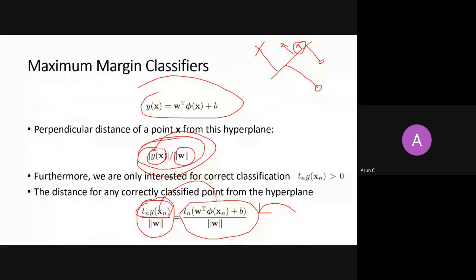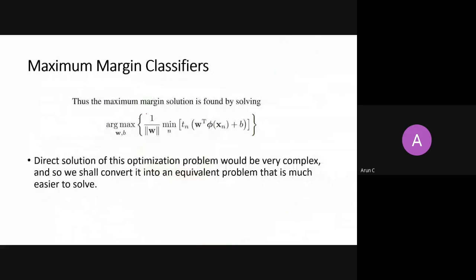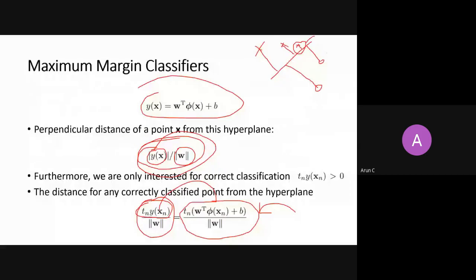Cool. Very good. Okay. Then you will maximize it. Till here you are minimizing, so it gives you the point which is nearest to the hyperplane. And then you maximize over your hyperplane. So you change your hyperplane such that this distance will be maximized. How will you change your hyperplane?